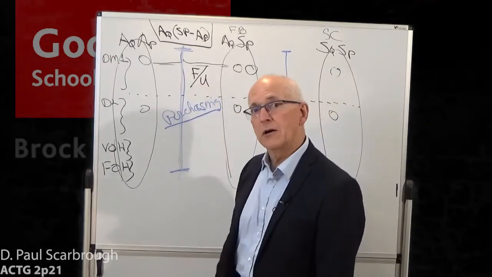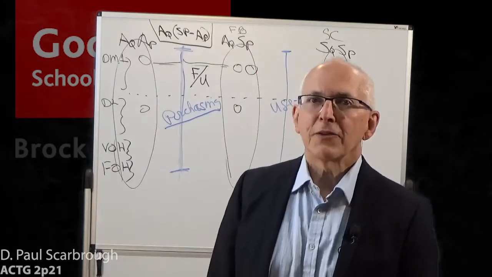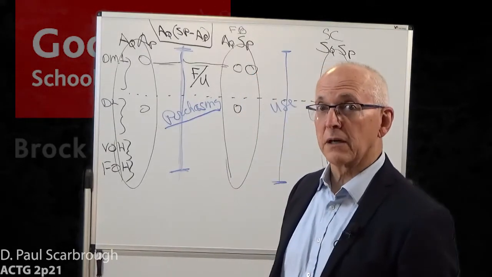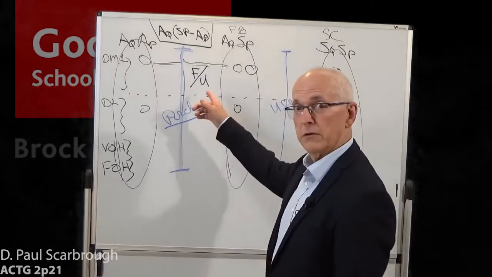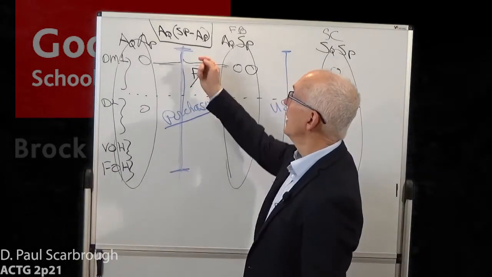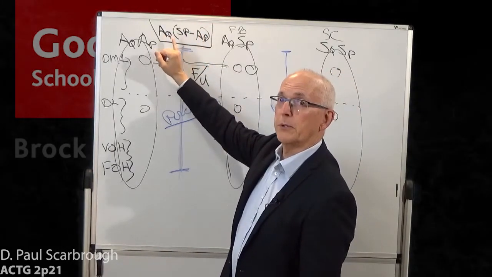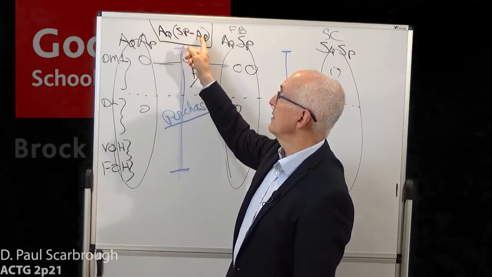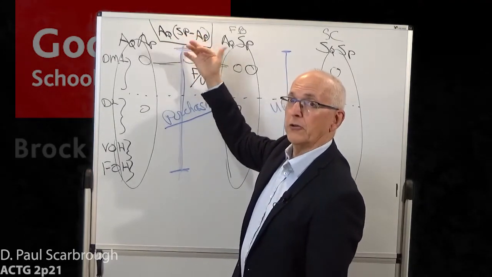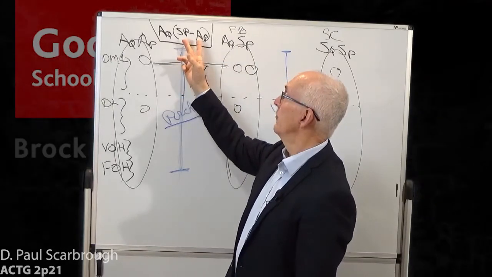You can tell me, oh, but the sign will tell you, and I will say, yeah, you're right, but that's not the way we do it. You can leave the sign there, but we need the F or the U. Okay, that's part of the worldwide way we do things. Where you have to be a little careful if you're doing the formula approach, you have to make sure you get these in the correct order so that your sign, either positive or negative, actually leads you in the correct direction.